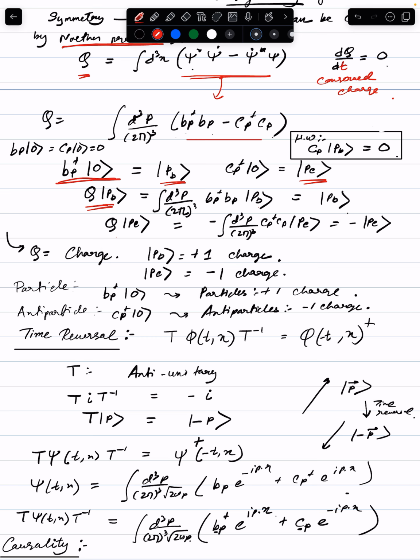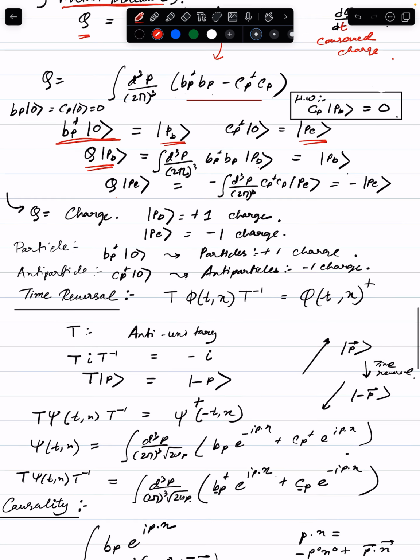So this B particle momentum eigenstates are also eigenstates of Q with eigenvalue plus 1, and these are eigenstates of Q with eigenvalue minus 1. So if I measure Q, I'll get plus 1 here, minus 1 here. So Q is called a charge for reasons that we don't need to get into. Let's just go with that name.